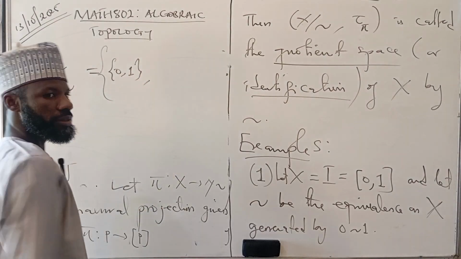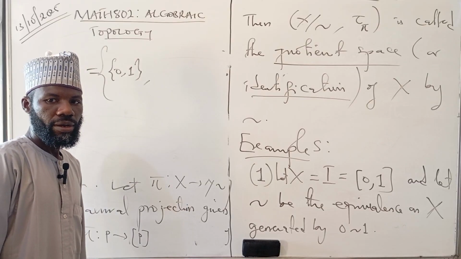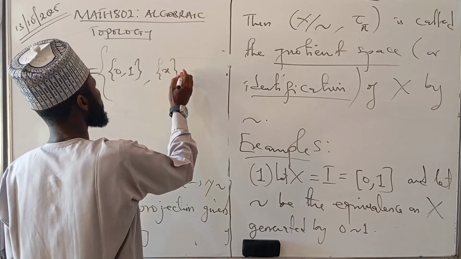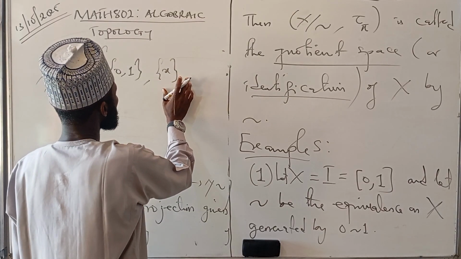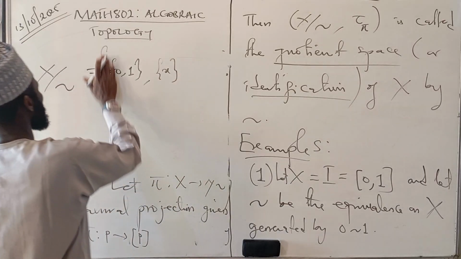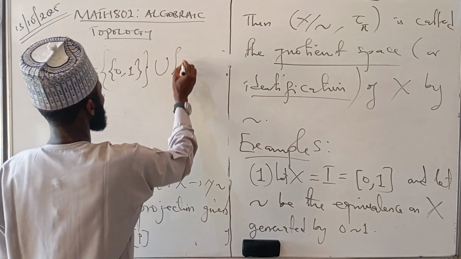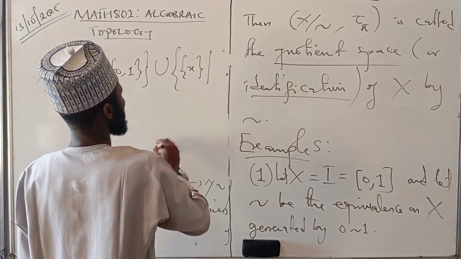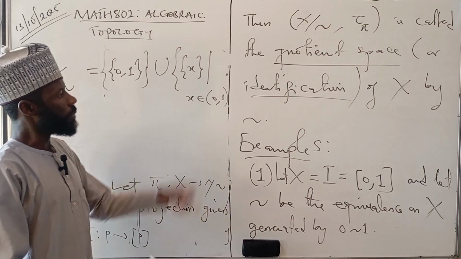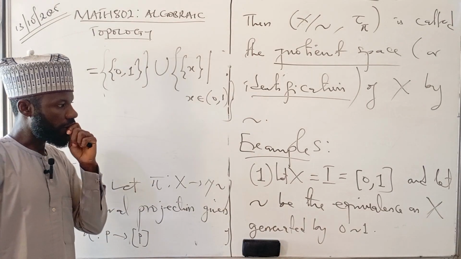The class of 0, and others will be singleton classes. So maybe we write it like this. We say this one, union the singletons, such that x is in the open interval. So every member of the open interval will constitute an equivalence class alone.